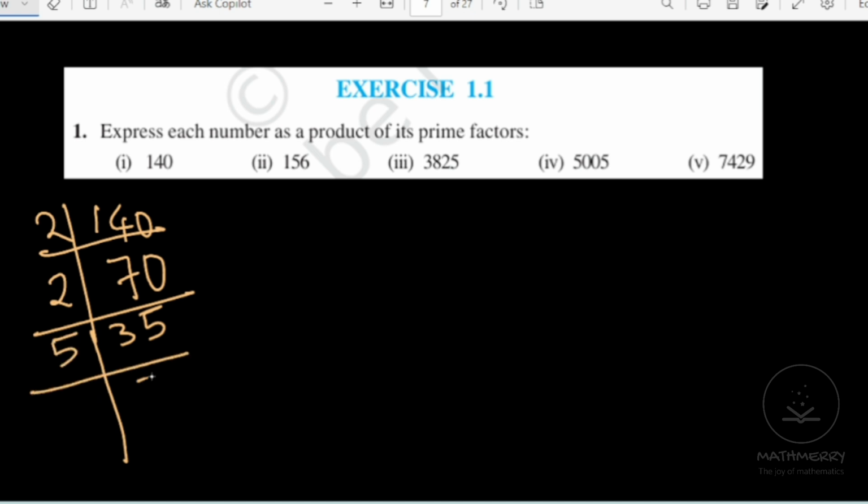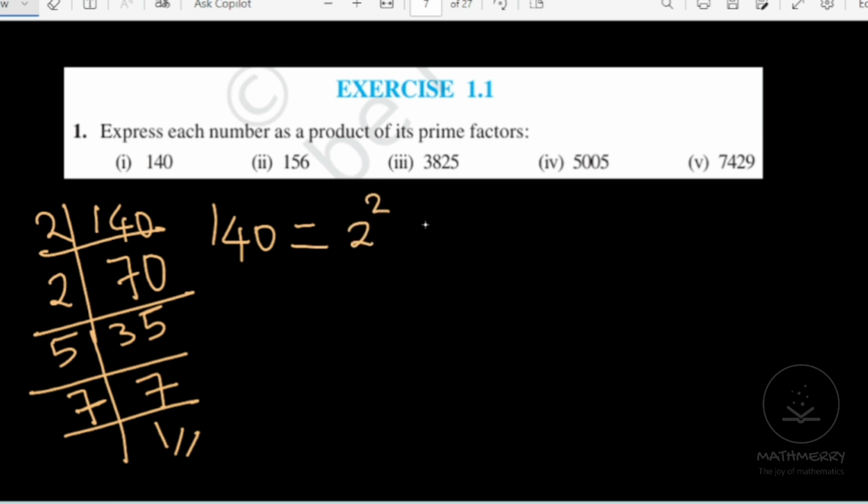Now 35 divided by 5 is 7, and 7 can only be divided by 7 itself, so we get 1. So 140 we can write as 2 square into 5 one time and 7 one time.